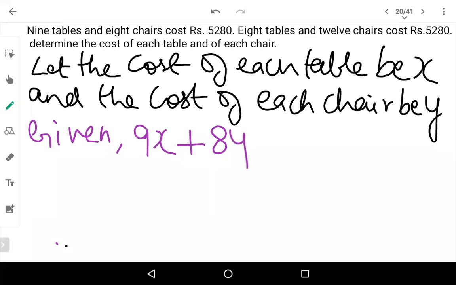Chairs are Y. How much is it costing? 5,280. Okay, so this is going to be the first part. 9x plus 8y is equal to 5280. This will be our first equation.